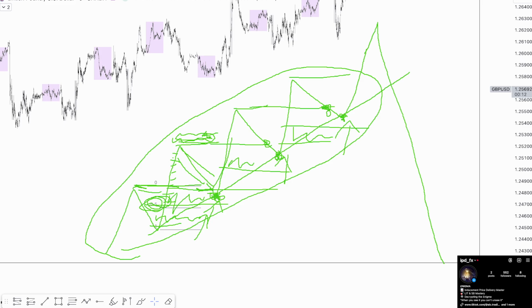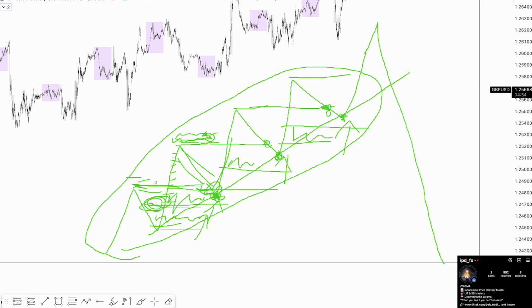But behind this drawing, there is always the concept of external liquidity to internal. What we have are Fibo levels, demand zones, trend line, support and resistance, all this stuff.